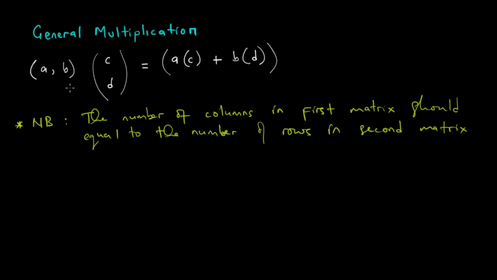Tinoziva sei the order of our answer. So for the order of our answer, tinonyora the order of the first matrix, this row matrix, which is how many rows do we have? It's 1 and 2 columns, multiplying. Then panapa, how many rows do we have? 1, 2, 2 rows and 1 column.